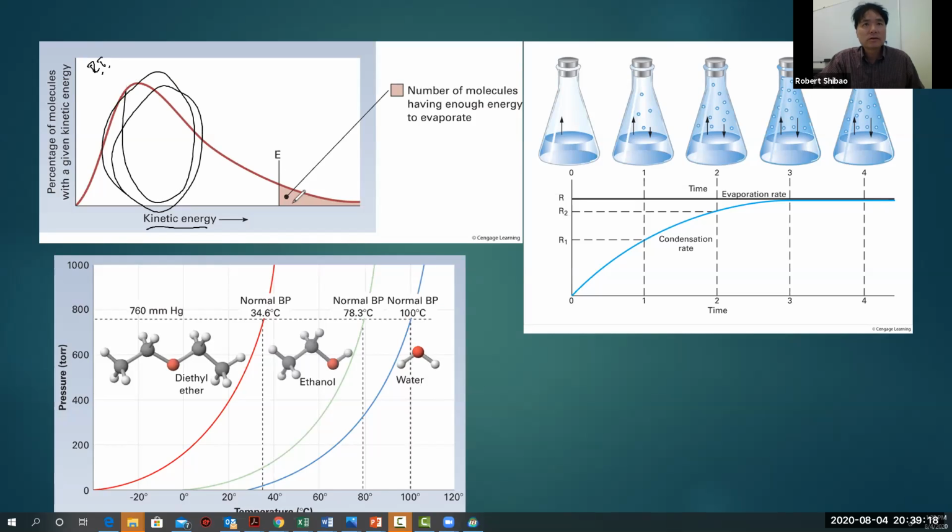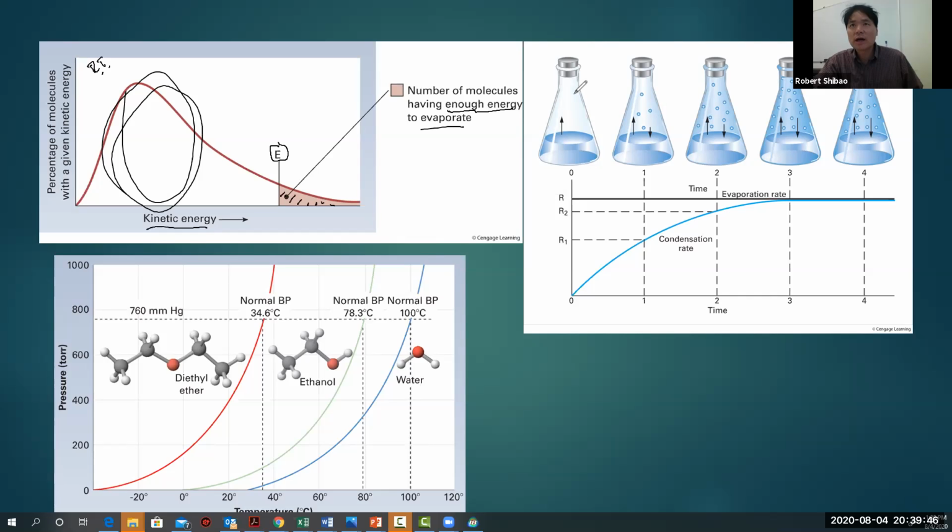But there's going to be a small fraction of water molecules that have elevated kinetic energy. And there's going to be a threshold energy. If we go beyond this threshold energy, then they have enough energy to evaporate or vaporize. If we're below the threshold, they don't have enough energy to escape the surface. So the bulk of the water molecules don't have enough energy to escape the surface, but a small fraction does up here.